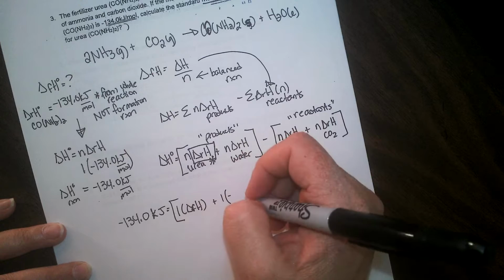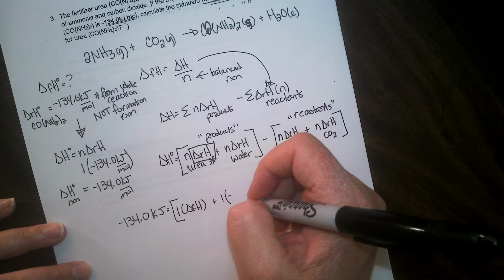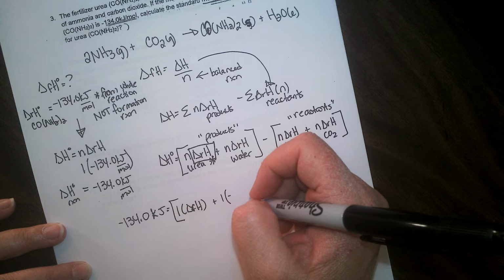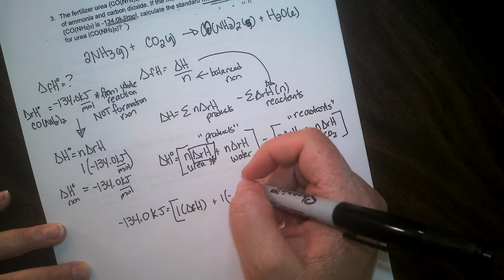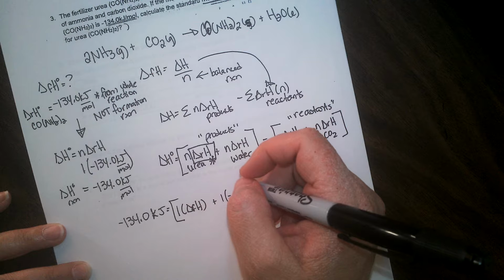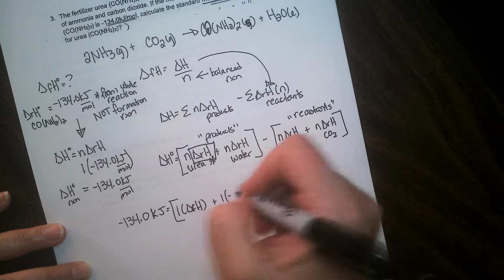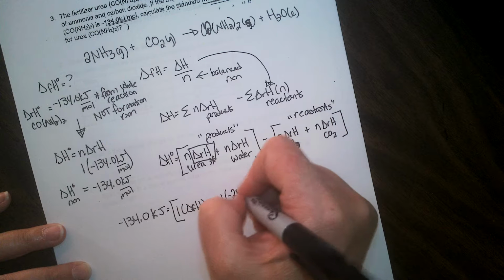So what is the delta HF for water? It's liquid, so it's negative 285.